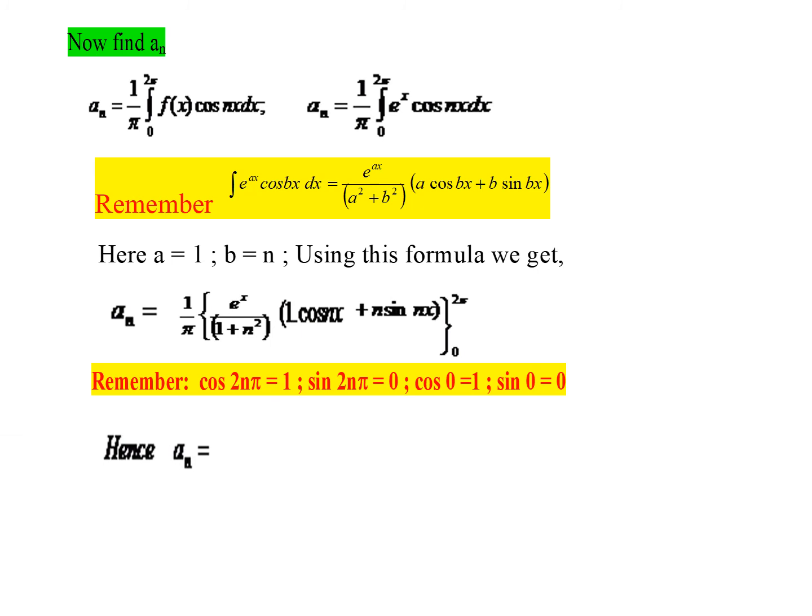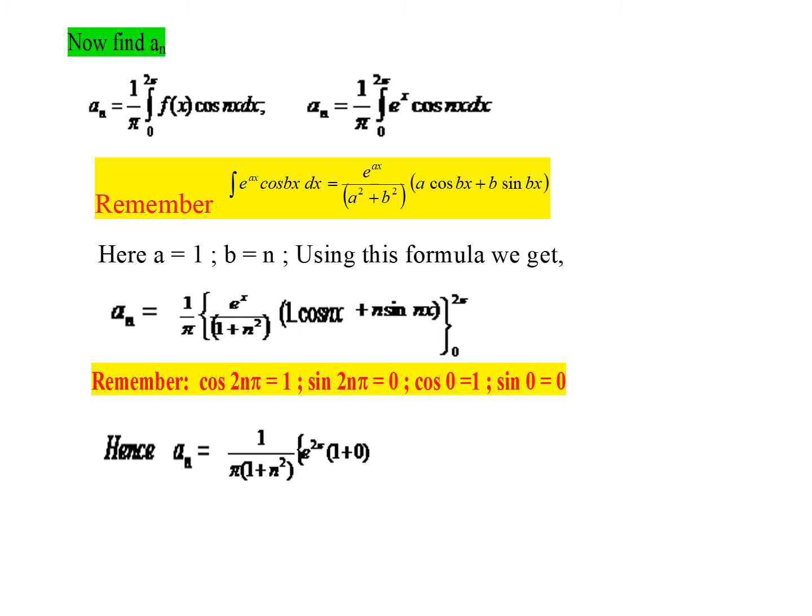So we get an equal to 1 by pi into 1 plus n squared, which is actually a constant, so I have taken that out of the brackets, into e power 2 pi, because we are substituting the upper limit now, x as 2 pi. e power 2 pi into cos 2n pi is going to be 1. So the first term is 1, plus the second term sin 2n pi is going to be 0. So we have 1 plus 0.